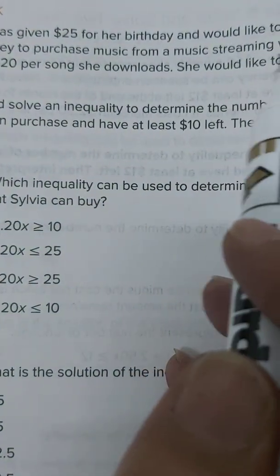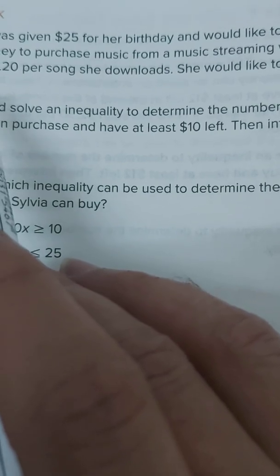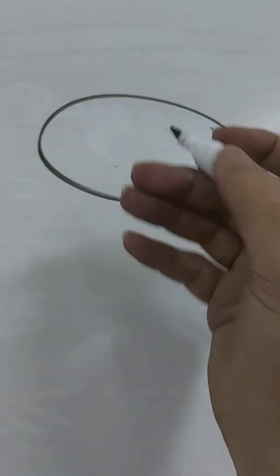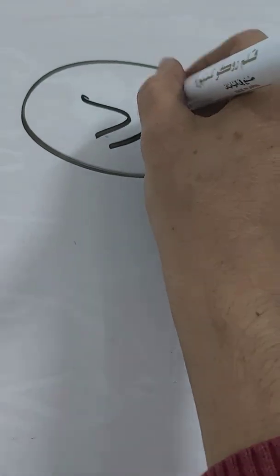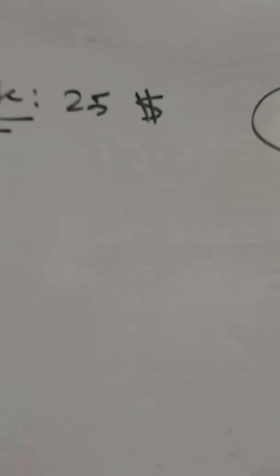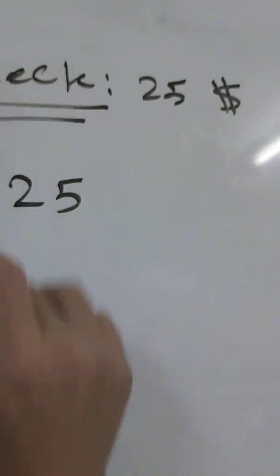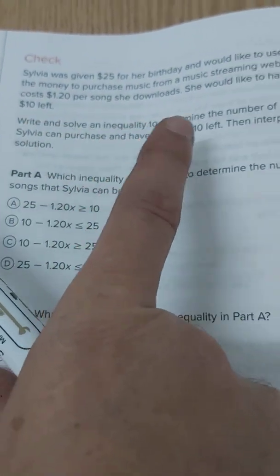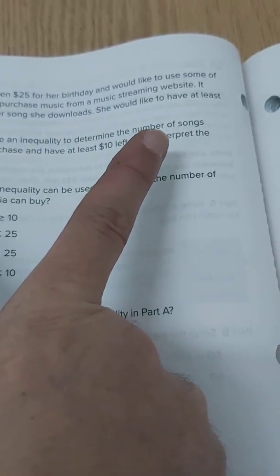She would like to have at least $10. At least $10 means what she will still have should be more than or equal to 10. Each song she downloads, she will pay 1.2. Write and solve an inequality to determine the number of songs.